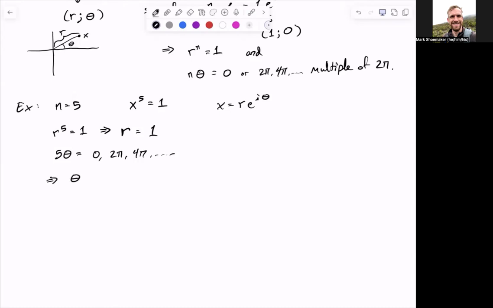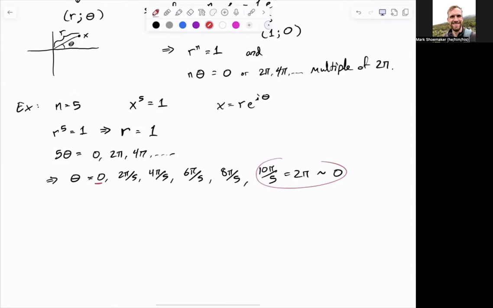Which means if I divide by 5, theta has to be 0, or 2 pi over 5, 4 pi over 5, and I'll keep going, 6 pi over 5, 8 pi over 5, 10 pi over 5. But notice that 10 pi over 5, that's the same as 2 pi, which is equivalent to 0. And so this angle here was already counted here. And so I'm back to where I started.